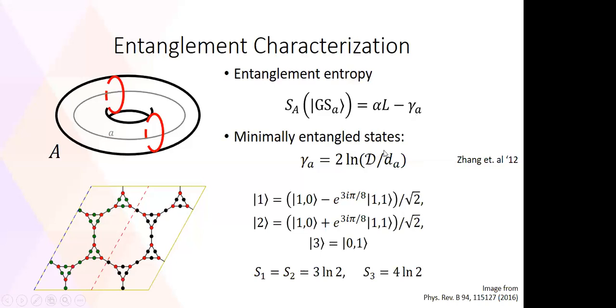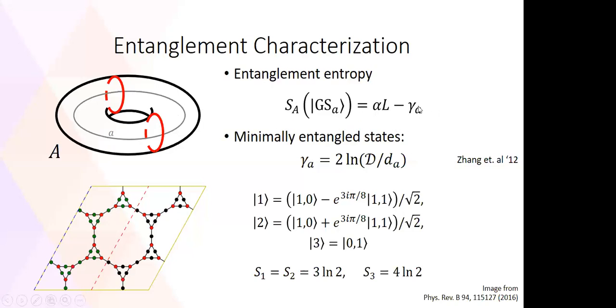It has been worked out what this gamma is and how it relates to the anion structure, or the topological structure, of the state. So if you have the state that's characterized by this A, you can think of creating an anion anti-anion pair and then moving them across this non-contractible loop and then calculating the entanglement entropy.